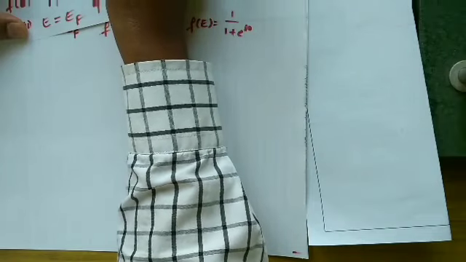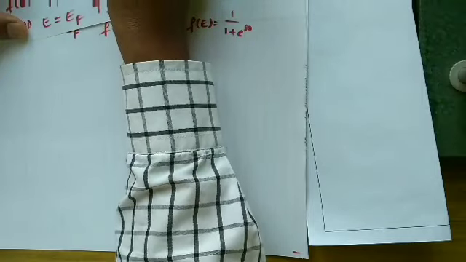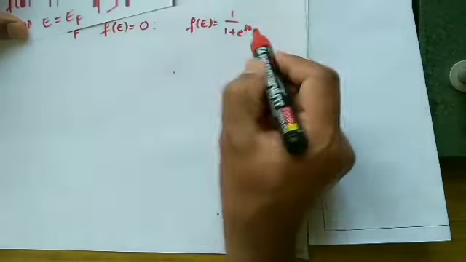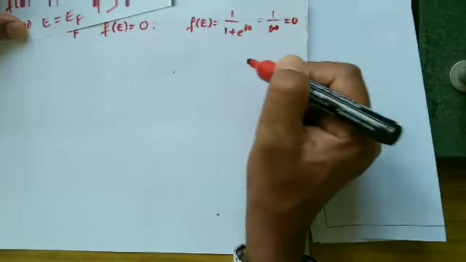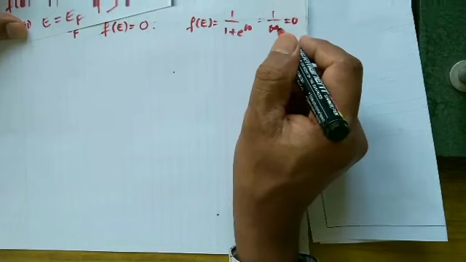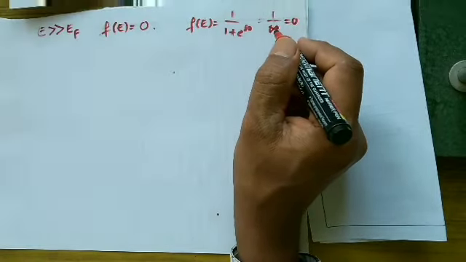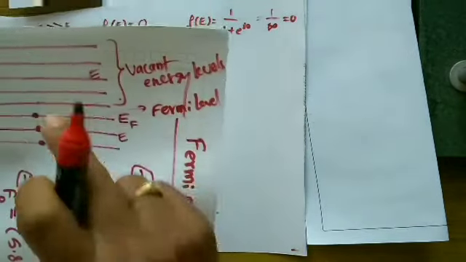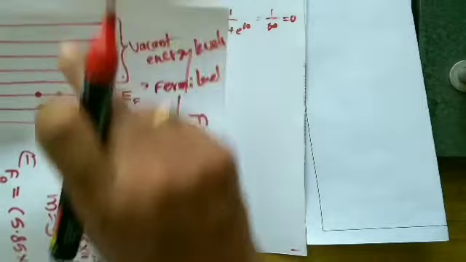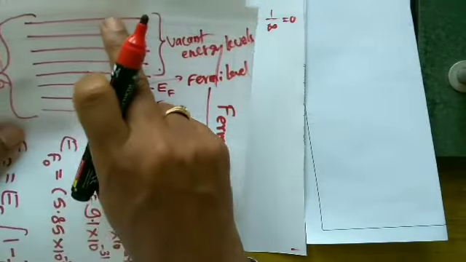In that case, this power gives you infinity and e power infinity is infinity, which gives you 1 by infinity or 0. This means that at sufficiently high temperature, and if we consider an energy level very far from the Fermi level, that energy level will definitely be vacant.